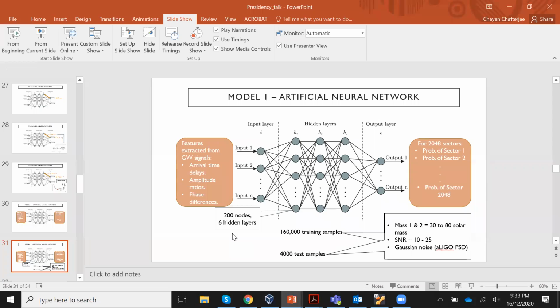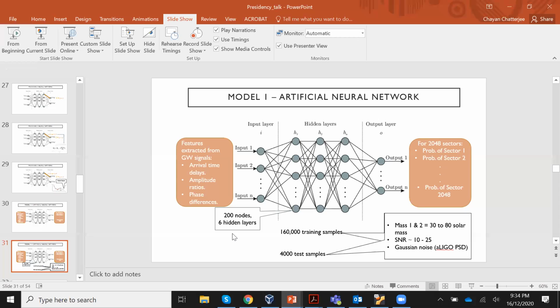And for training, I have gravitational wave signals from binary black holes of masses between 30 and 80 solar mass, and SNR between 10 and 25. And I inject my signals in Gaussian noise, which is colored by the power spectral density of advanced LIGO, which basically means that the detectors have very high sensitivity, which is not very real.